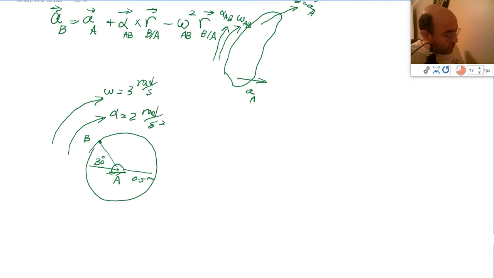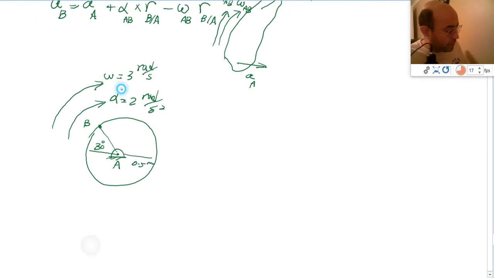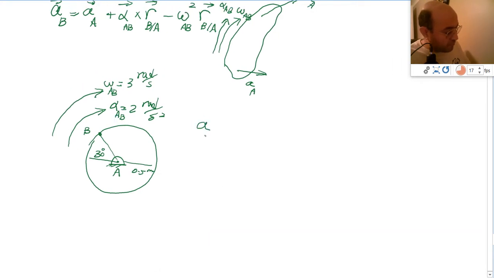So what I'm going to do is, I know acceleration of point A is 0, because point A is fixed. I'm going to write the equation I have all the way up there. This is omega AB, and this is alpha of AB. Acceleration of point B is equal to acceleration of point A, plus the rest of them, repeated there.